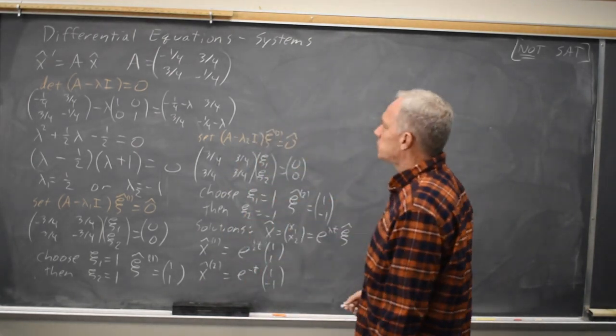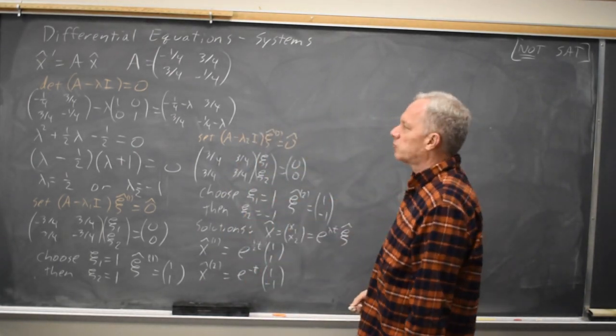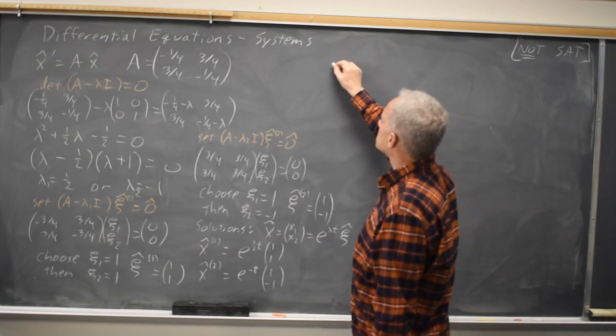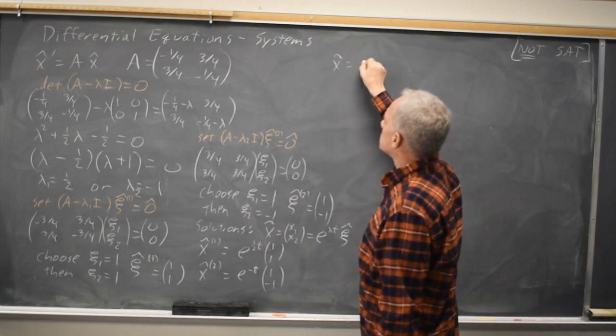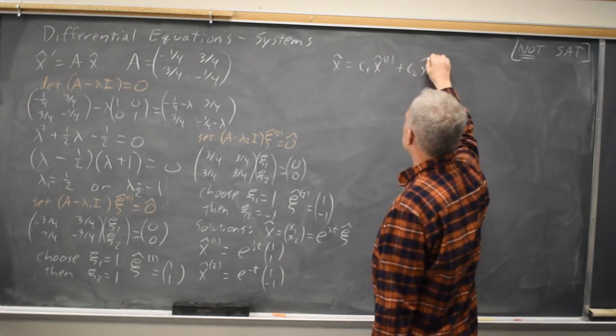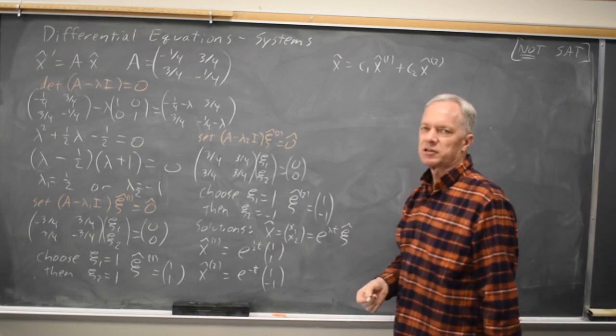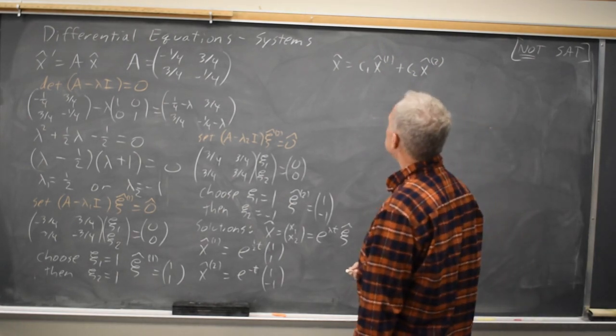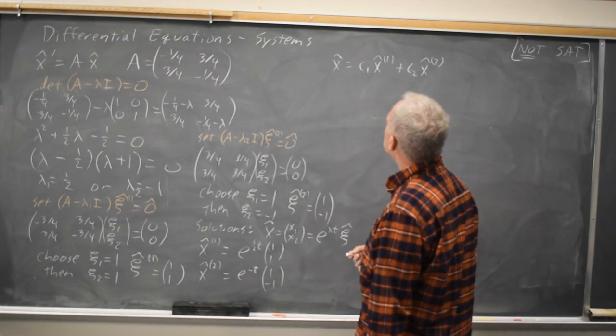Your general solution for all linear systems of ordinary differential equations is x equals C1 x1 plus C2 x2, and if you're in higher dimension, continue on with your independent solutions.